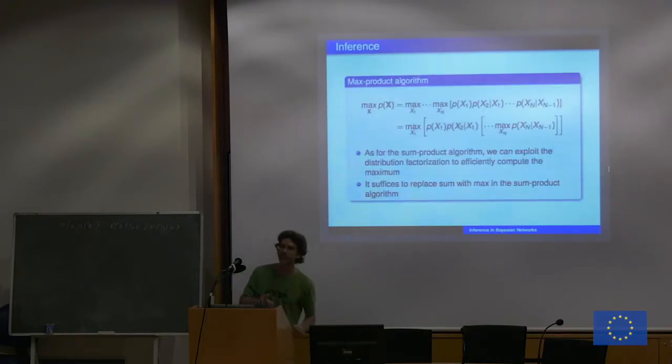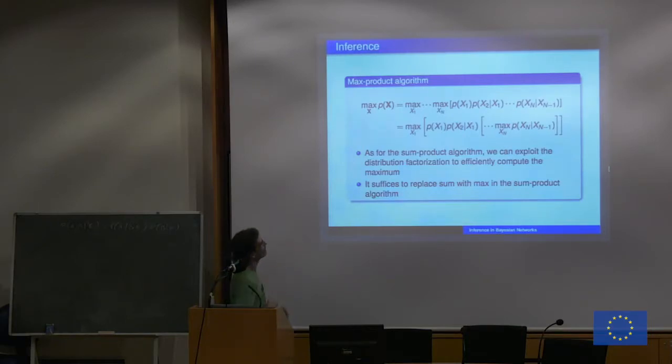Now, what you need to do is something different, which is still pretty similar to the previous case: you want to maximize over all the variables the joint probability. Maximizing over all the variables means maximizing over x1, x2, up to xn. Again, here I'm talking about the chain.